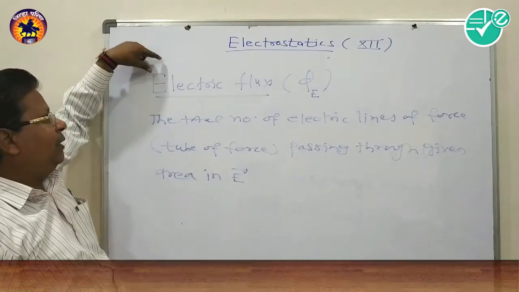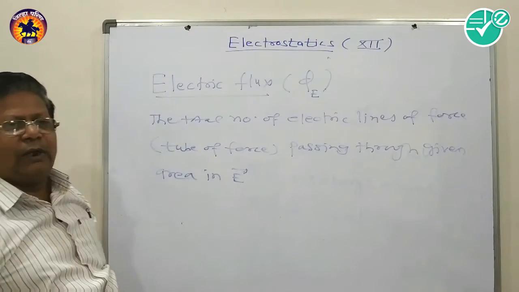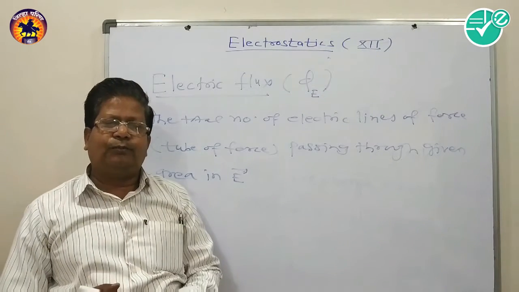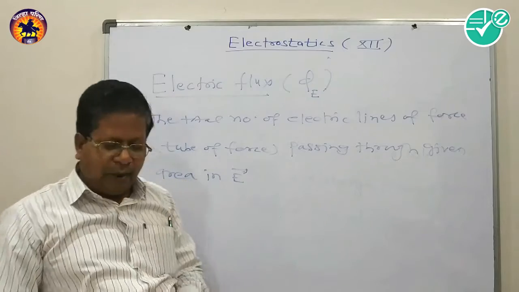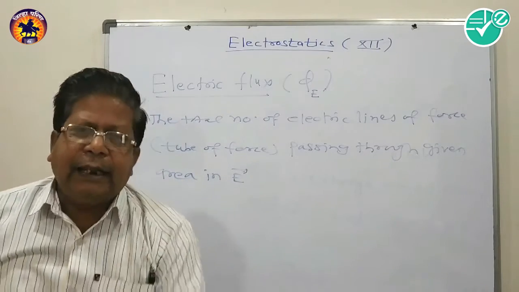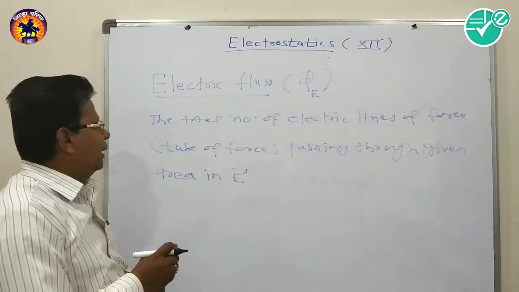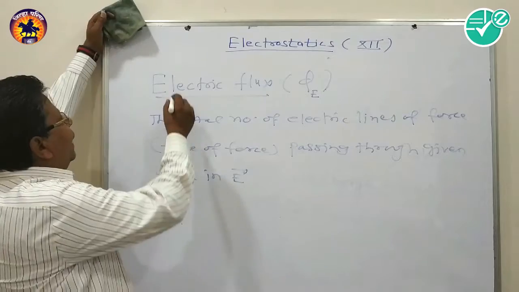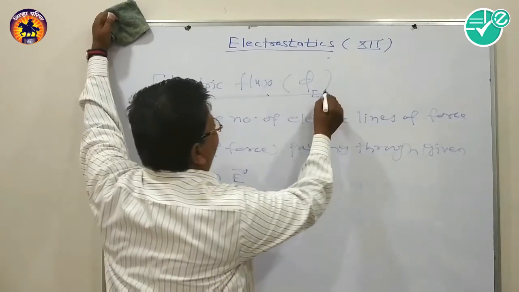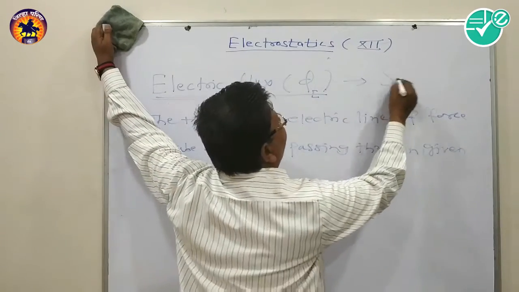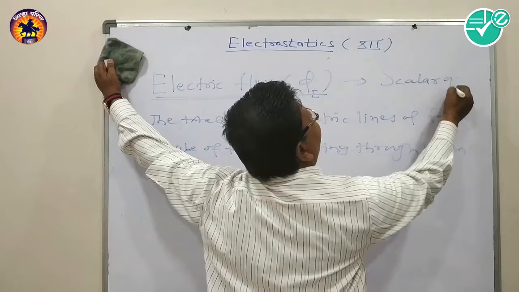So, electric flux is nothing but total number of electric lines of force passing normally through a given area in an electric field. And this electric flux is a scalar quantity.